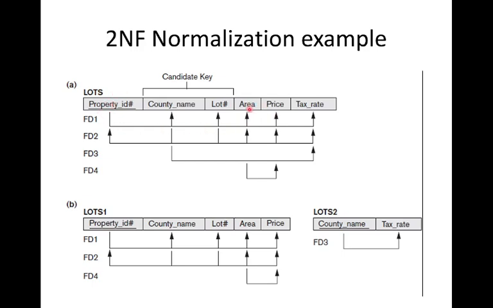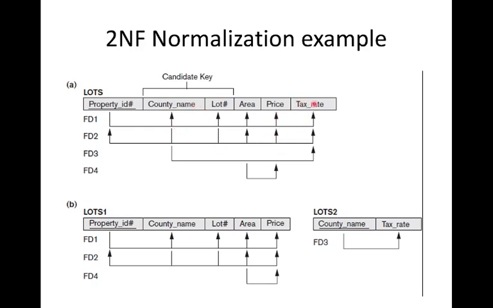Then area should be fully functionally dependent on the combination of county name and lot number, and it is. Similarly, price should be functionally dependent on property ID, that is the first candidate key. Then price should be fully functionally dependent on county name and lot number, that is the second candidate key. So it is satisfying that condition.